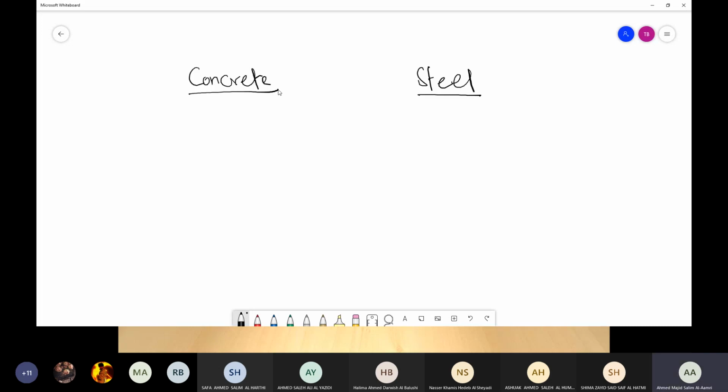Are you able to see whatever I'm writing? Okay. For the concrete, if we are referring to our cube, then you will see that we have gravel particles. Do you agree that we have gravel particles?